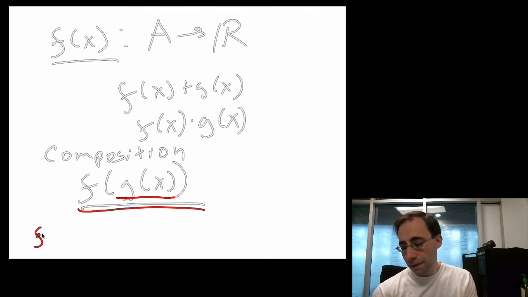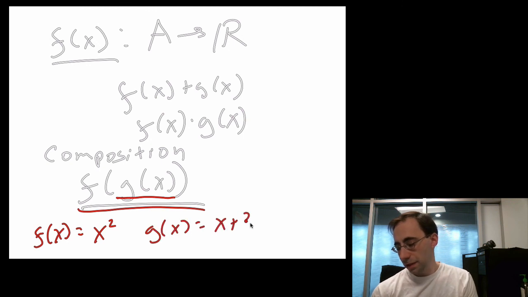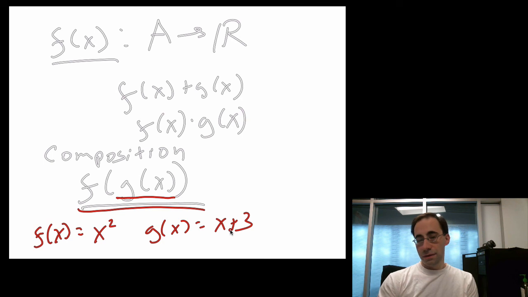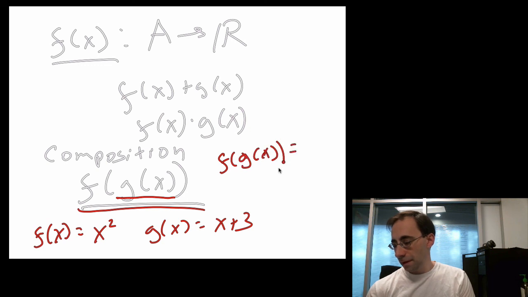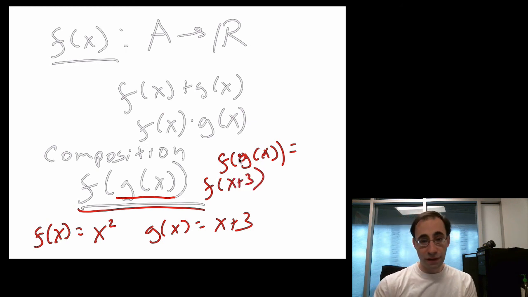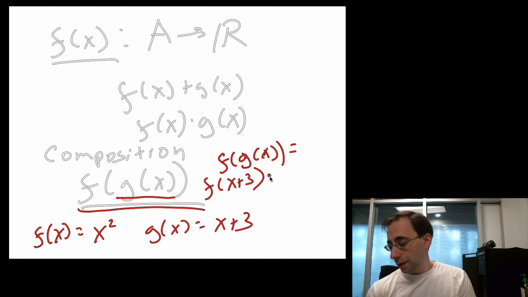Let's say f of x equals x squared and g of x equals x plus 3. Well, what would f of g of x be? It's f of x plus 3, because first I plug in for g of x, and then you plug in: what's f of x plus 3? Well, it's x plus 3 squared.